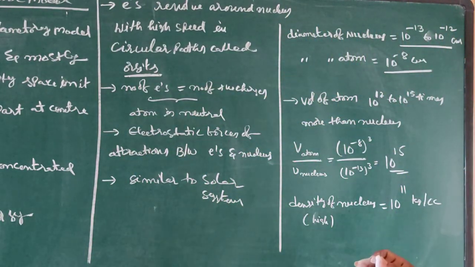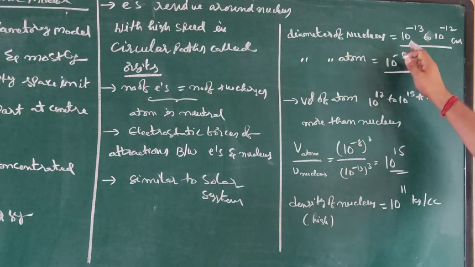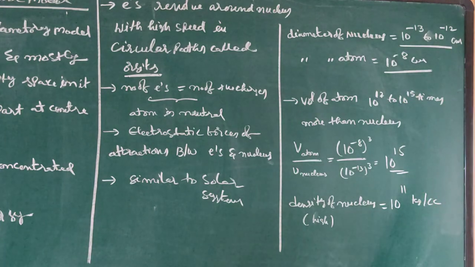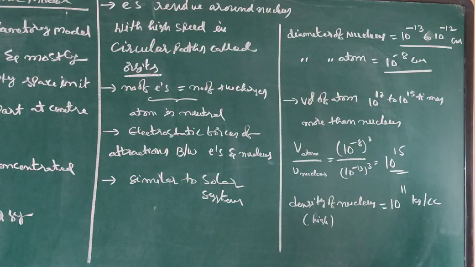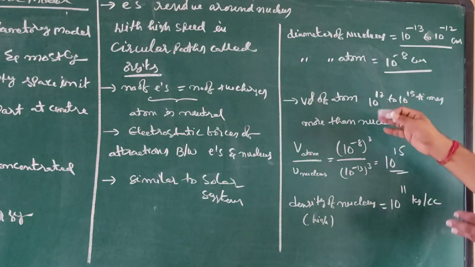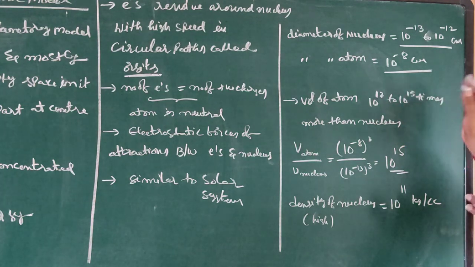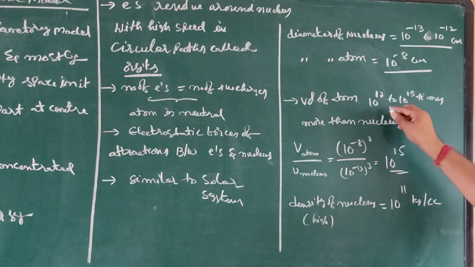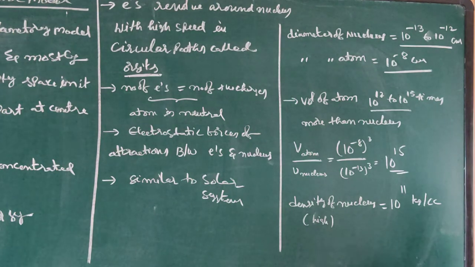According to experimental results, the diameter of the nucleus is 10 power minus 13 to 10 power minus 12 centimeters. The diameter of the atom is 10 power minus 8 centimeters. So the volume of the atom is around 10 power 12 to 10 power 15 times more than the nucleus.